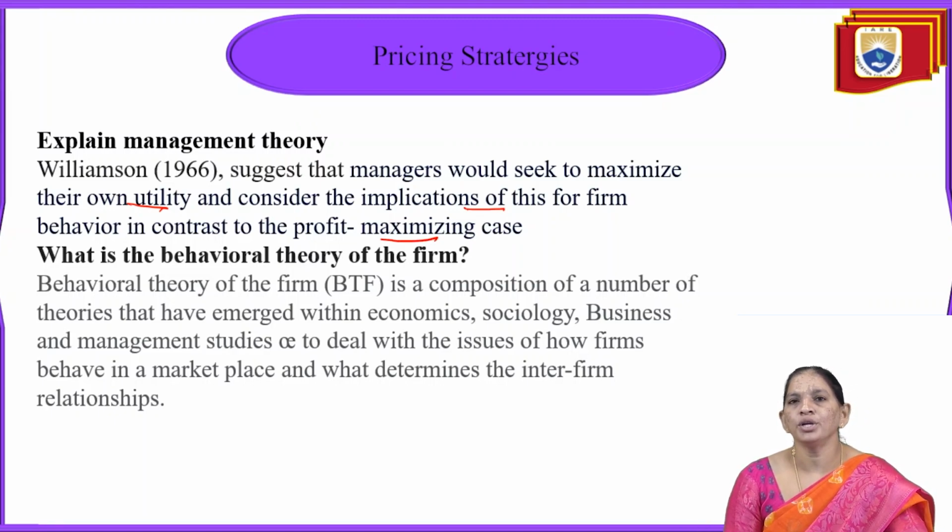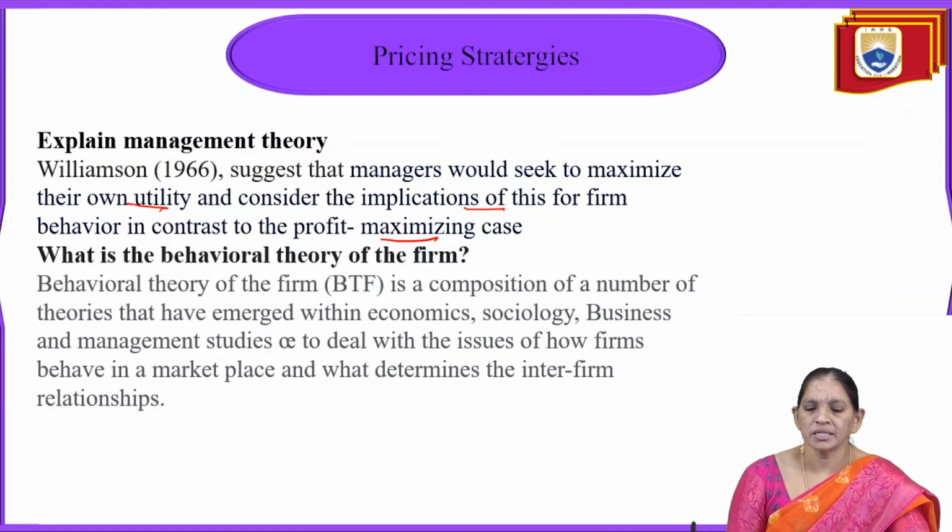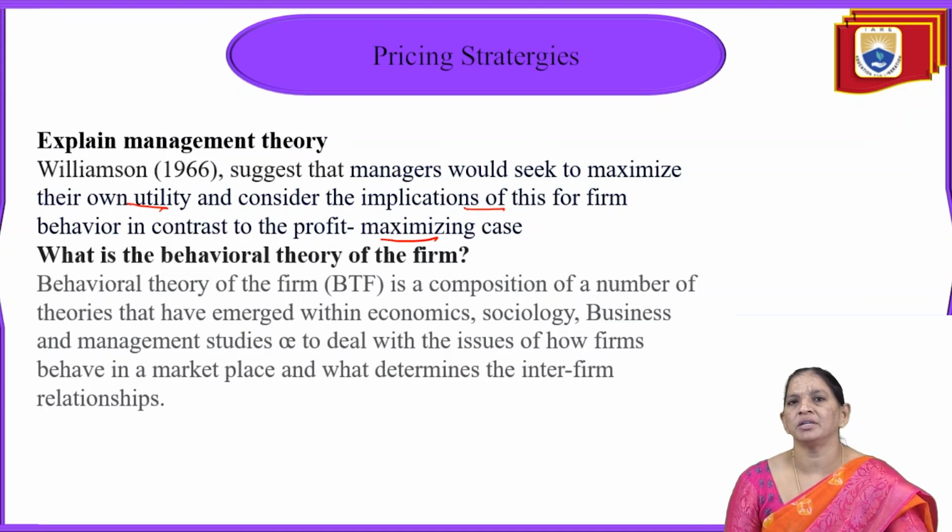According to Williamson, we get maximum utility, meaning maximum profits, by taking into consideration how the organization will behave in the external environment in obtaining profits. The management attitude of getting profits by selling its products in the external market is called management theory.